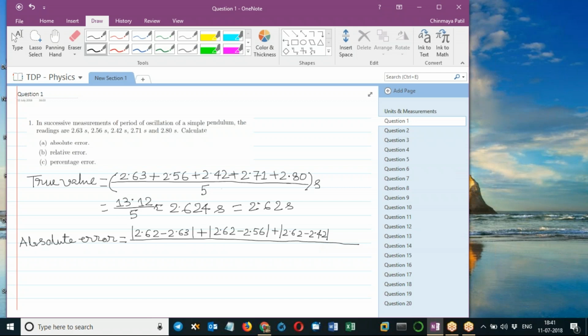Then the next one will be 2.71, mod of 2.62 minus 2.71. The next one will be mod of 2.62 minus 2.80.